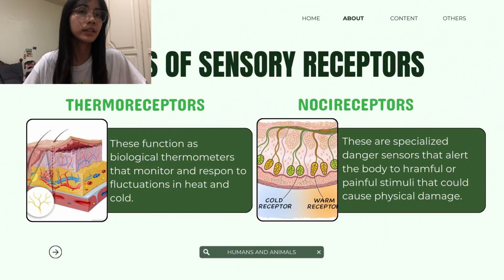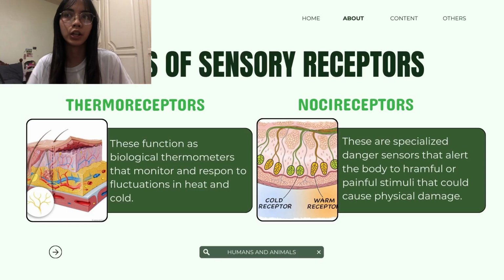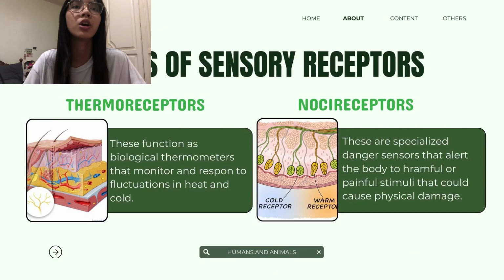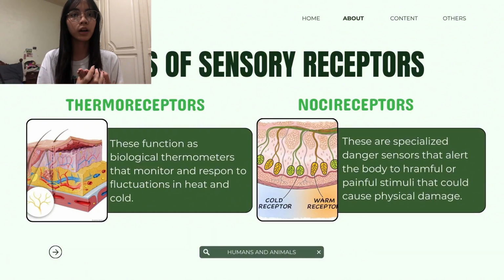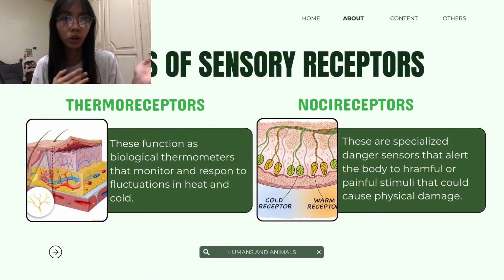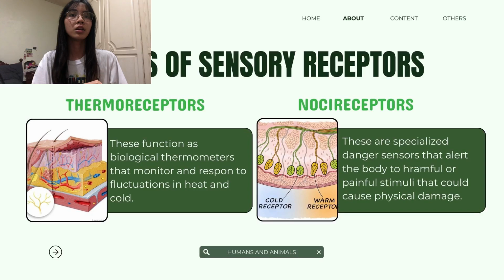So it is activated when you have an injury, when there's an extreme temperature or strong pressure, or harmful chemicals also. So for instance, you accidentally touch a very hot substance, or you step onto something sharp. So you quickly pull your feet away because it is causing you pain.